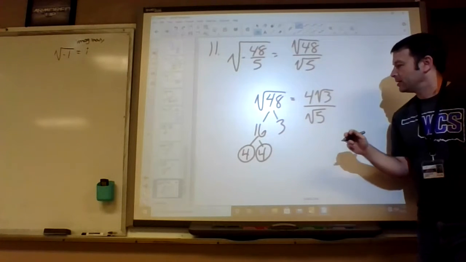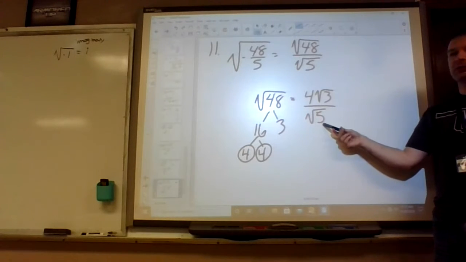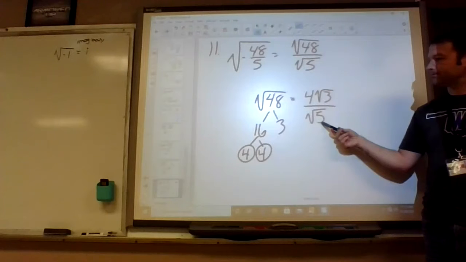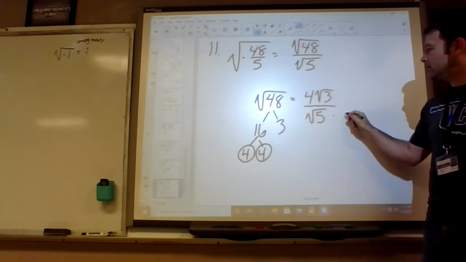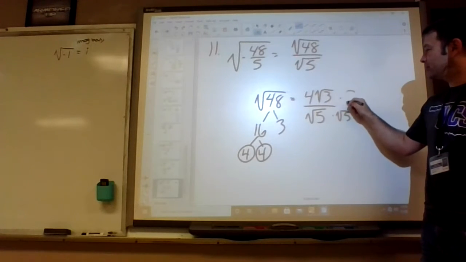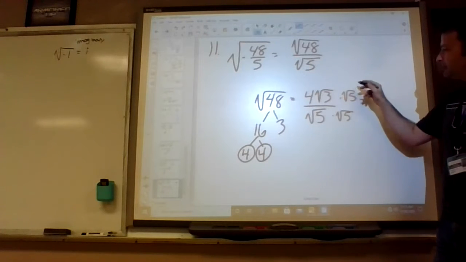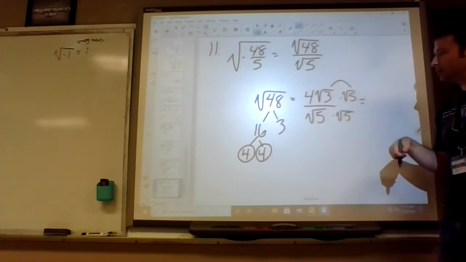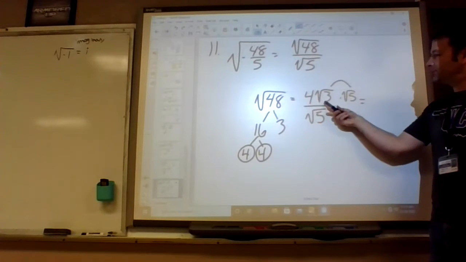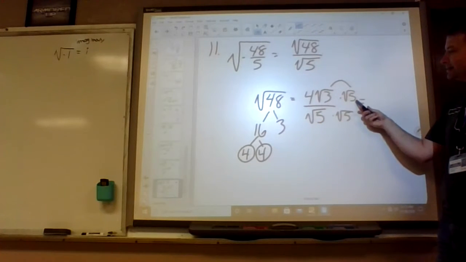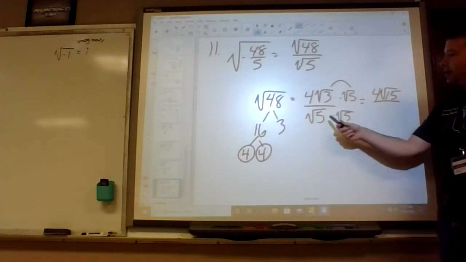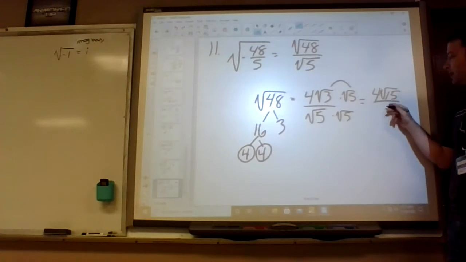How did I fix the square root in the denominator earlier? Multiply top and bottom by square root of 5. So the top, you can multiply square roots together, you just can't multiply the 4 times the square root of 5. So it would be 4 square root of 15. And the bottom will be normal 5.